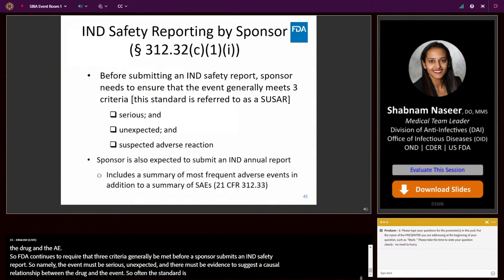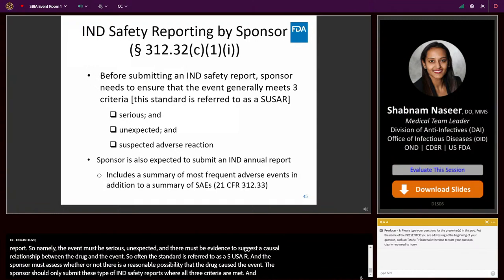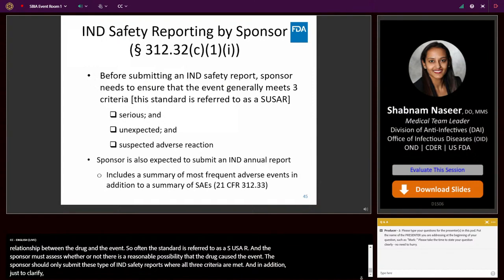And the sponsor must assess whether or not there is a reasonable possibility that the drug caused the event. The sponsor should only submit these type of IND safety reports where all 3 criteria are met. And in addition, just to clarify, sponsors are also expected to submit an annual IND report that includes a summary of the most frequent adverse events, which are not reported individually, in addition to summarizing the SAEs.